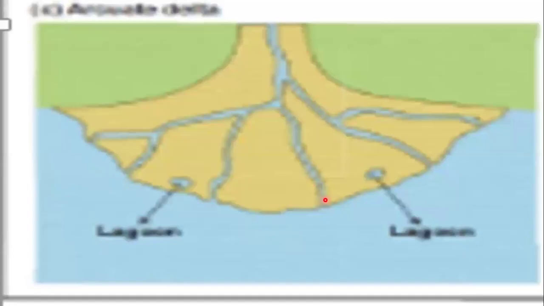Now, the types of delta. Number one is the arcuate delta. Arcuate delta is a fan-shaped delta or a curved delta with convex margins facing the water body.